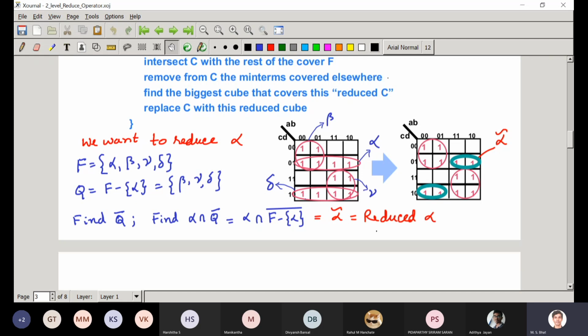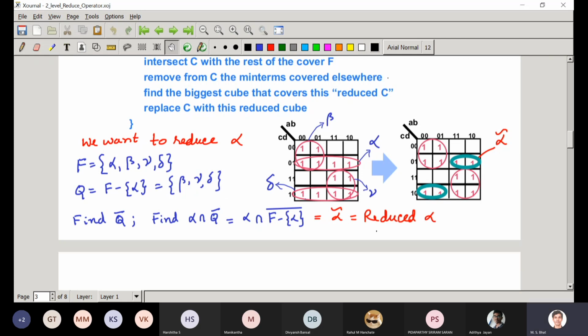Similarly, you can reduce delta in the same way. Remove delta from the function F, that gives you Q. Then find the complement of Q, which is the complement of F minus delta, and find the intersection of delta with this Q bar.